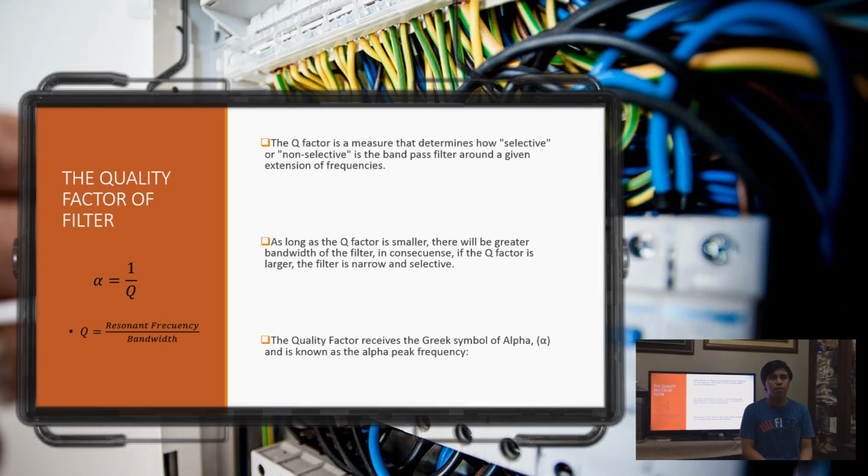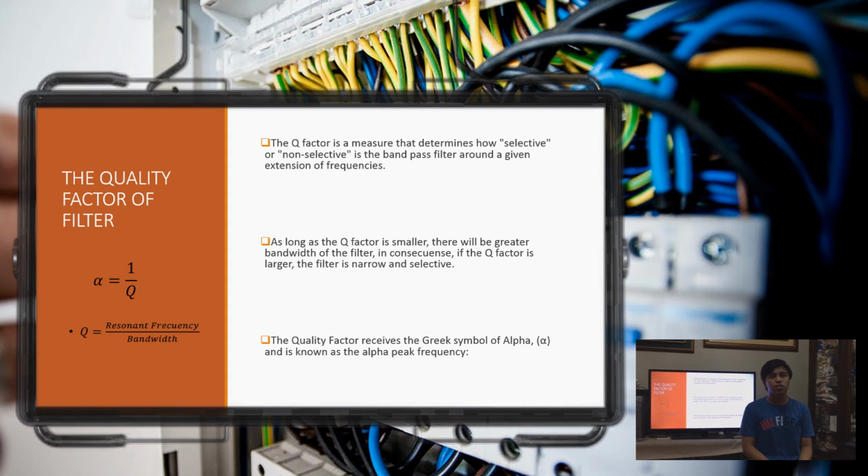The quality factor of a filter. The Q factor is a measure that determines how selective or non-selective the bandpass filter is around a given range of frequencies. The smaller the Q factor, the greater the bandwidth of the filter. In consequence, if the Q factor is larger, the filter is narrow and selective.